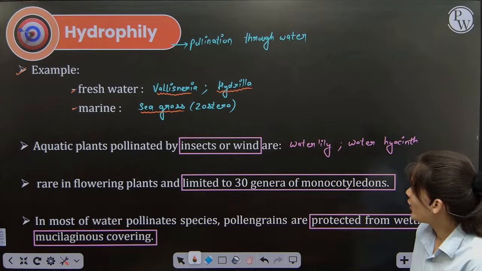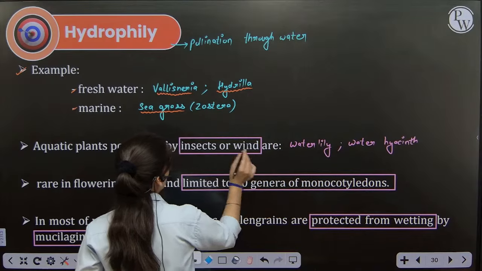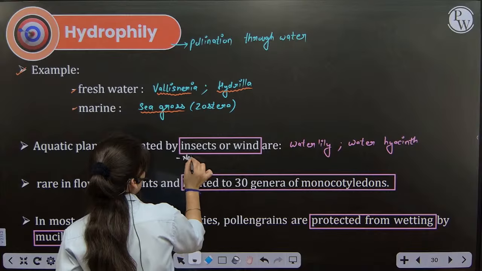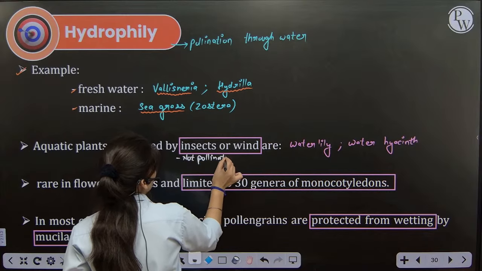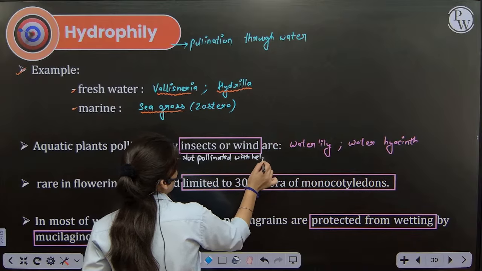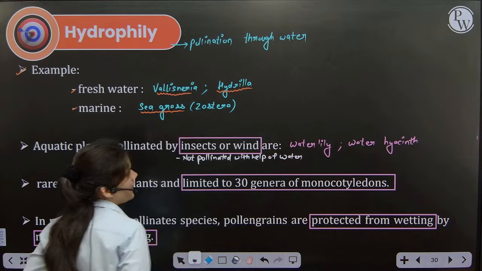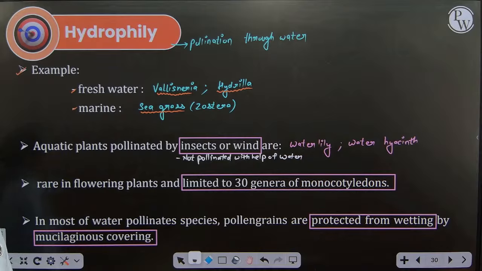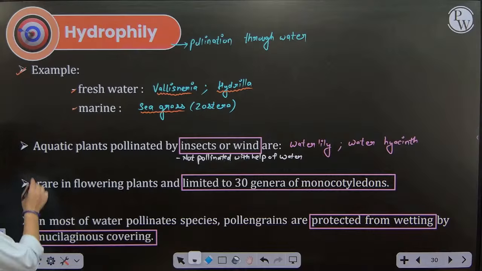Yes, aquatic plants which are not pollinated with the help of water are known as water lily and water hyacinth. Then what are the pollinating agents among these water flowers? Water lily and water hyacinth get pollinated by insects or wind. Mark this, it is very important.